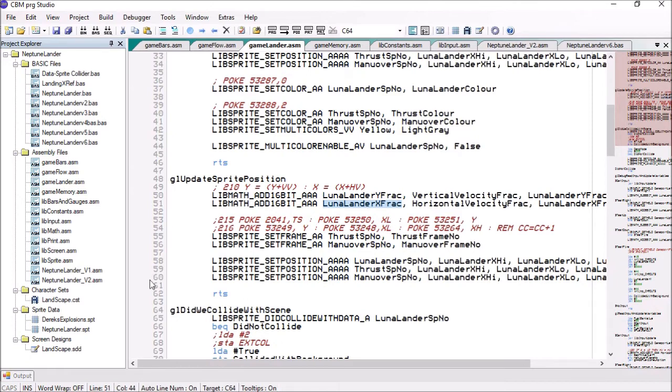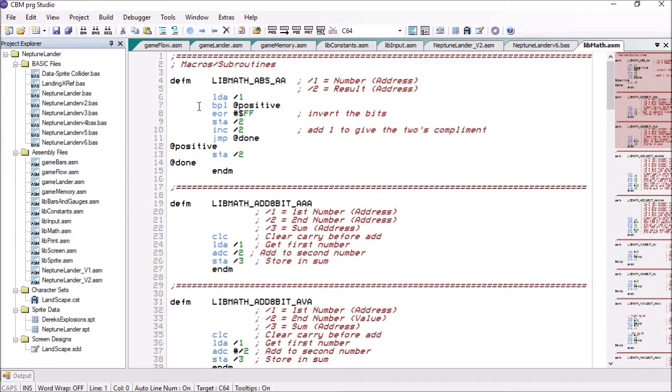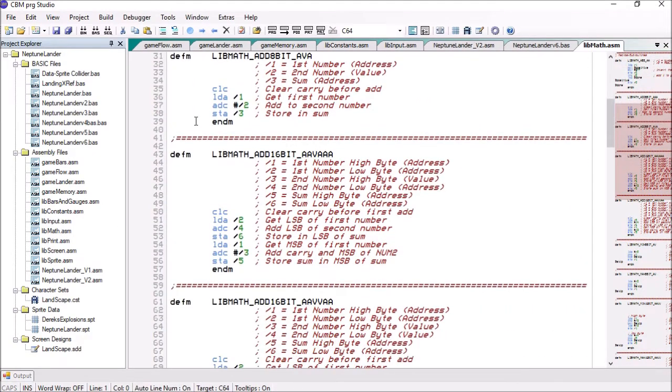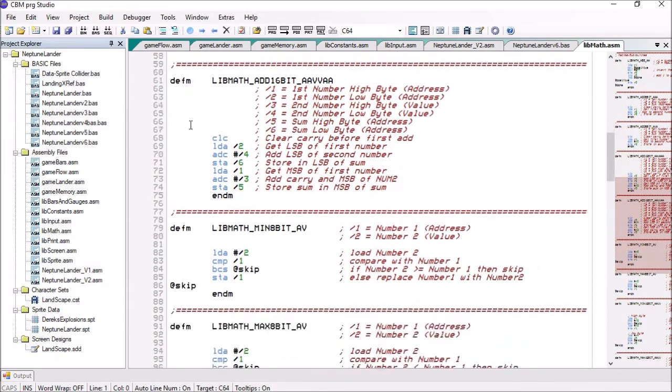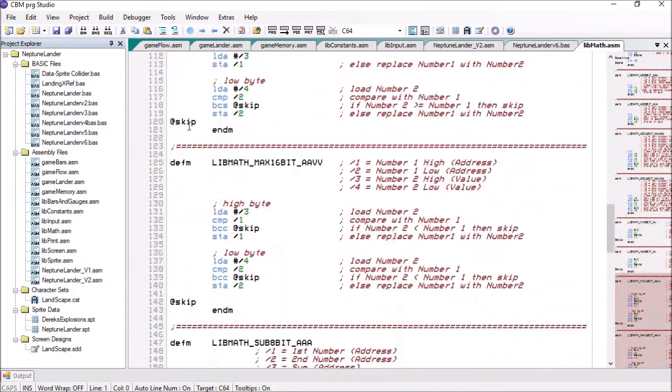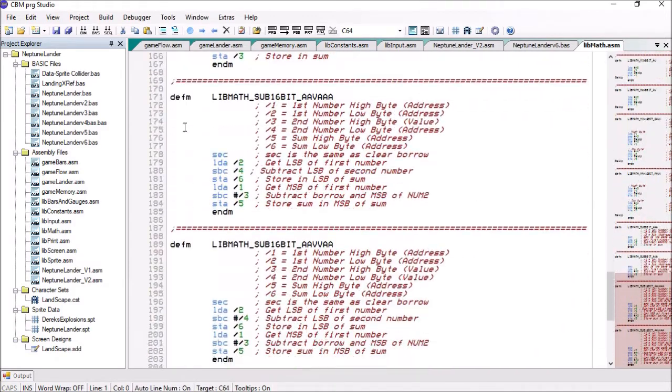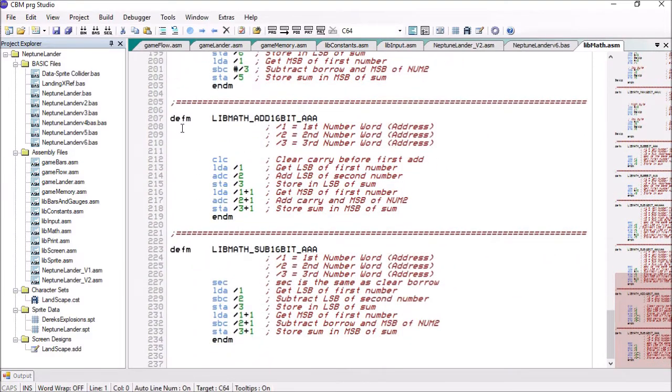Now, have we got that in here already? So in the maths part, we've got 8-bit, 8-bit, 16-bit, 16-bit, and more than likely it's all the new ones that we wrote at the bottom. So we're going to need to write another 2 routines to do 24-bit maths.